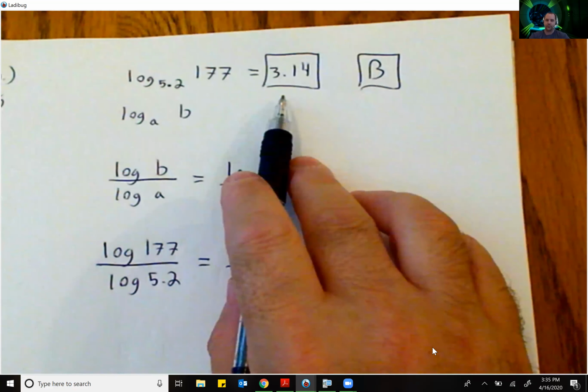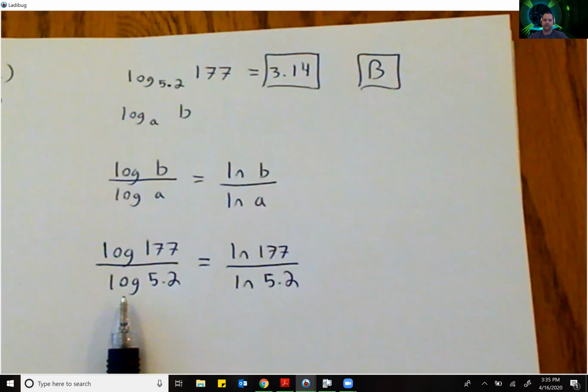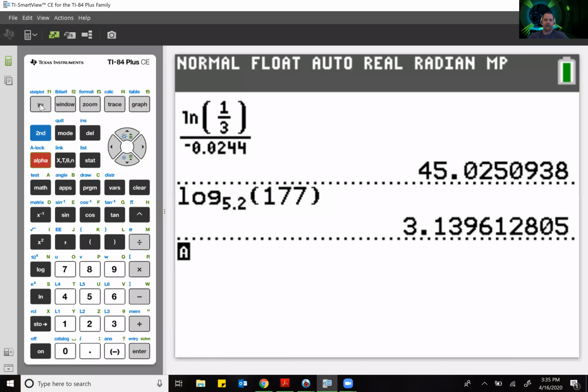Just to show you real quick. Alpha y equals log 177 over log 5.2. Same answer.